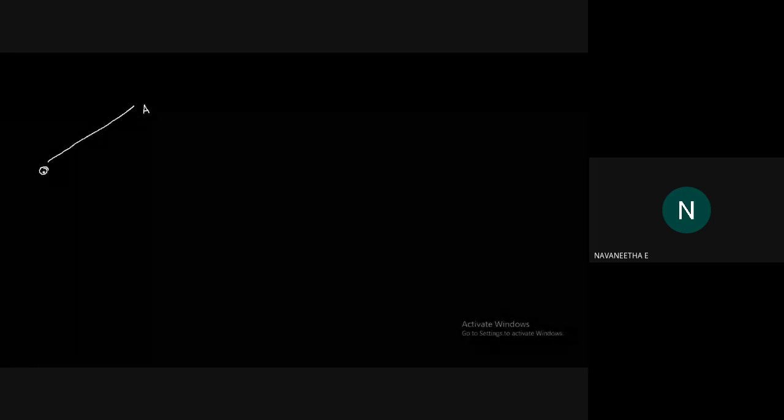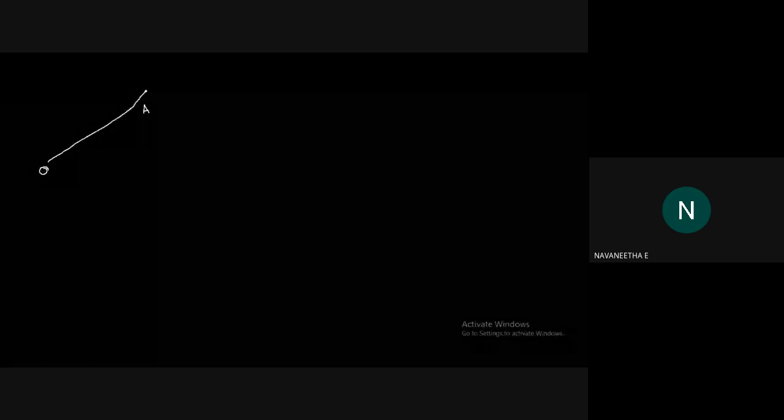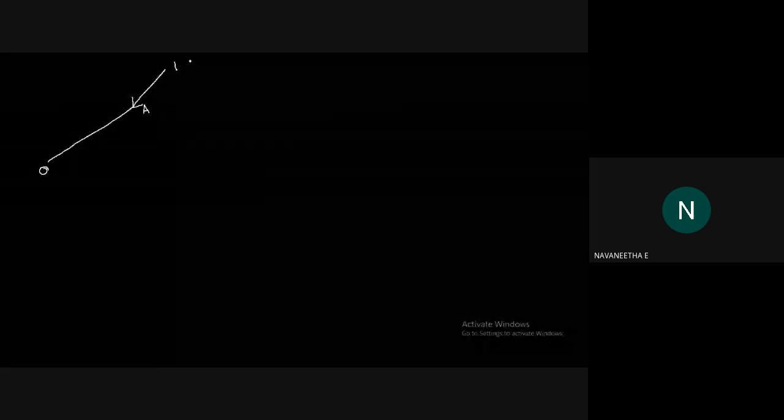And here a force is applied on this beam at the end A, and the magnitude of the force is 10 kilonewton, given in our question. So what is the angle made by the force 10 kilonewton with the horizontal axis?